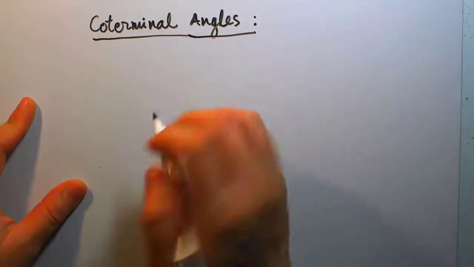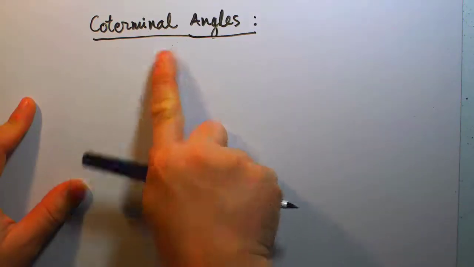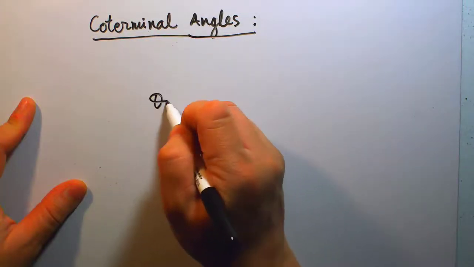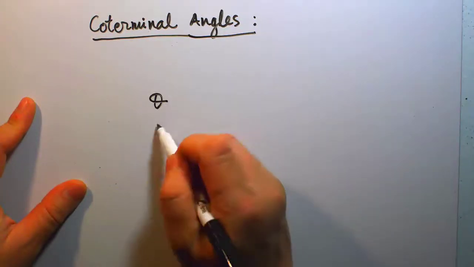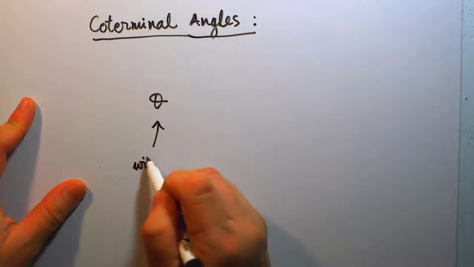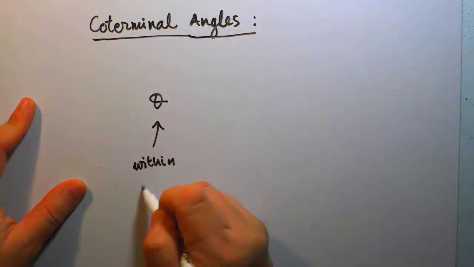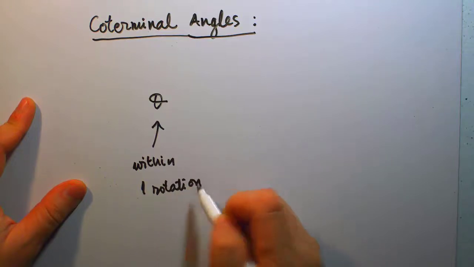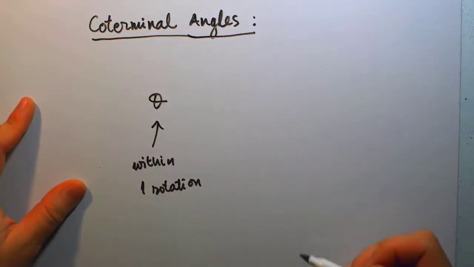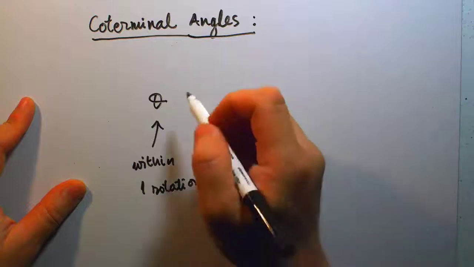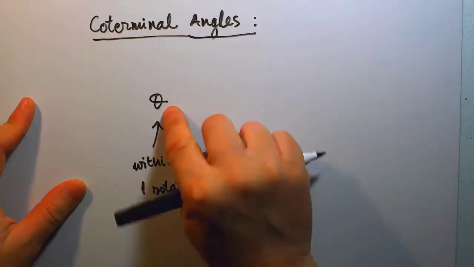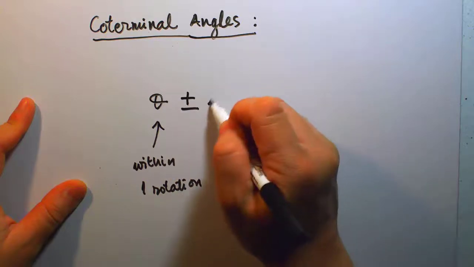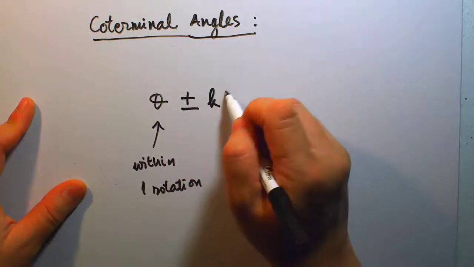And so, in general, coterminal angles really have just one relationship. All you need is to start with any original angle within one rotation, either from 0 to 360 or between 0 and 2 pi. From where that angle is, we either add or subtract some multiple k of a complete rotation.